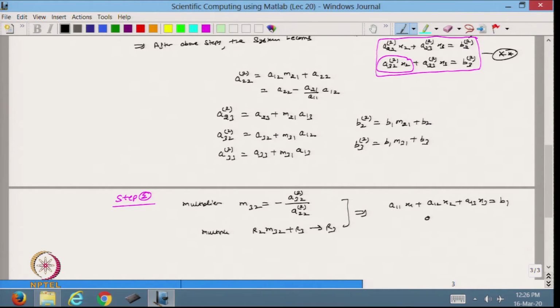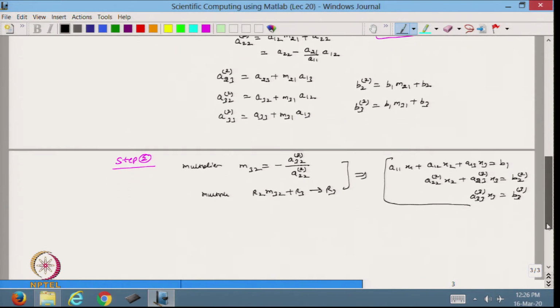Then I will get A22 x2 plus A23 x3 is equal to B2, and then I will get here A33 x3, which is equal to B3. So, this is the system we are getting.